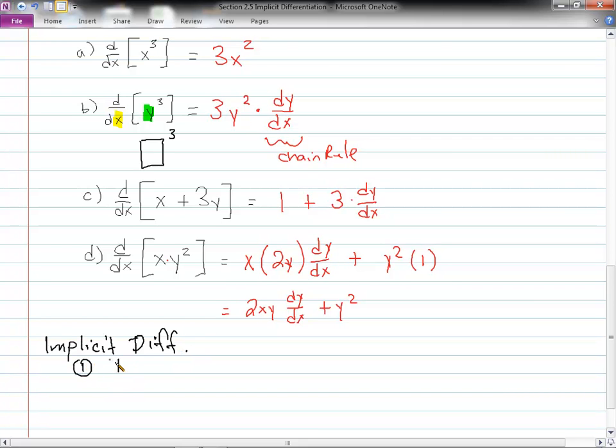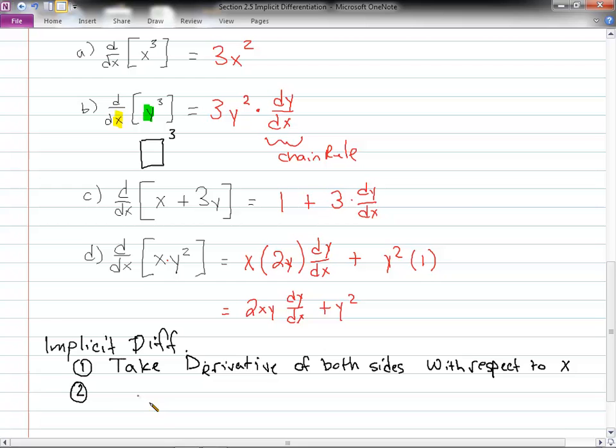Step 1 is take the derivative of both sides with respect to, we'll say x, but realize that what I really mean by x is whatever the independent variable is. You might have t's in there, which is another common variable we work with. And then step 2 is to solve for dy dx.